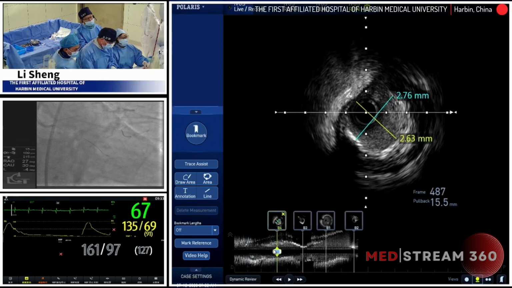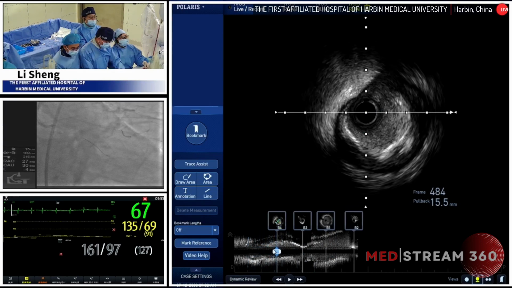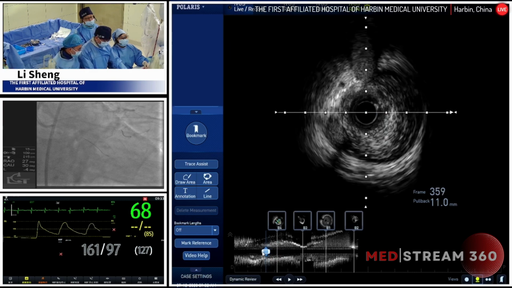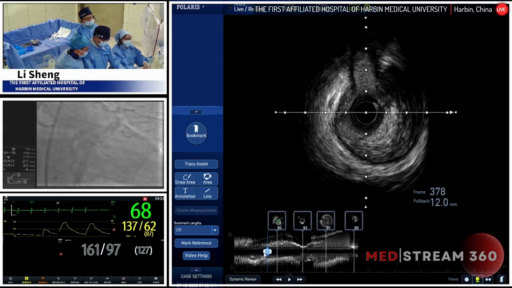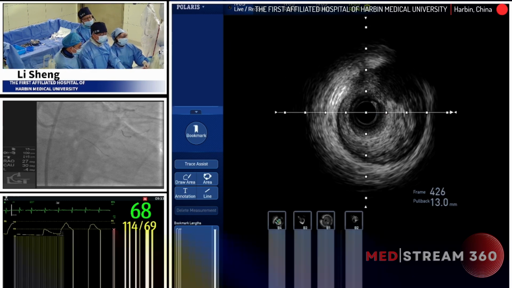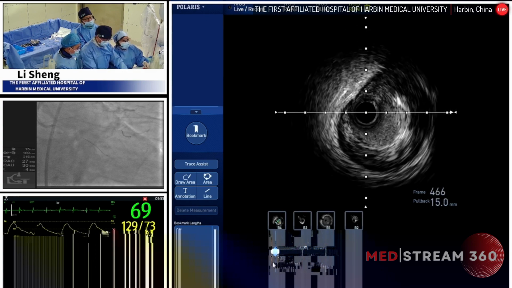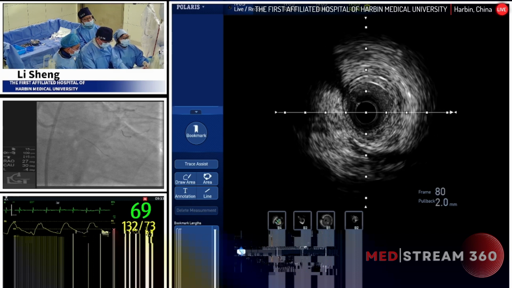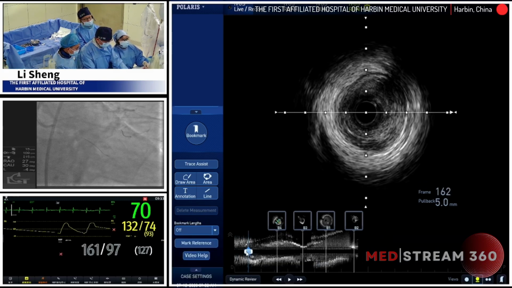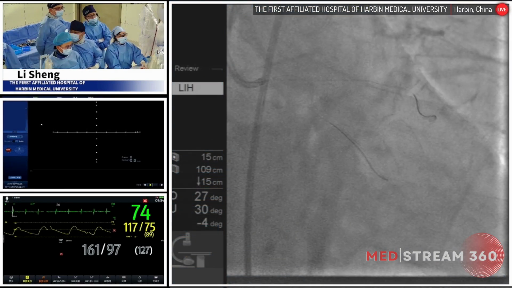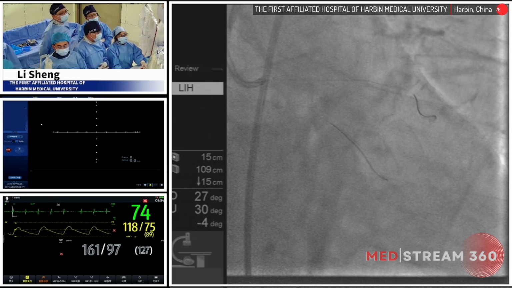In the LAD side, you can see that there's heavy plaque burden and we cannot find a normal segment. The first stent, we should select which size? 2.5. Yeah, I think 2.5 is a good choice. So after the IVUS, now we decide to use two stents, right?